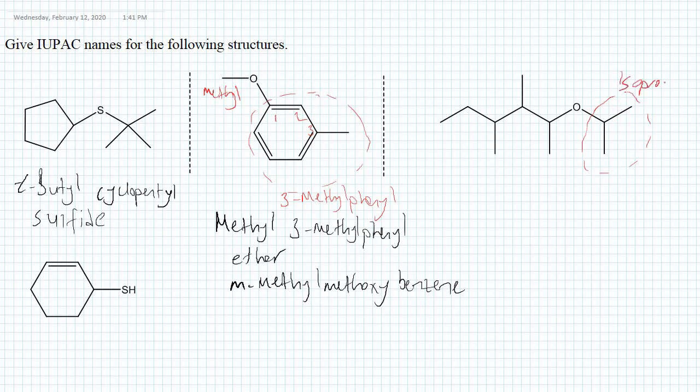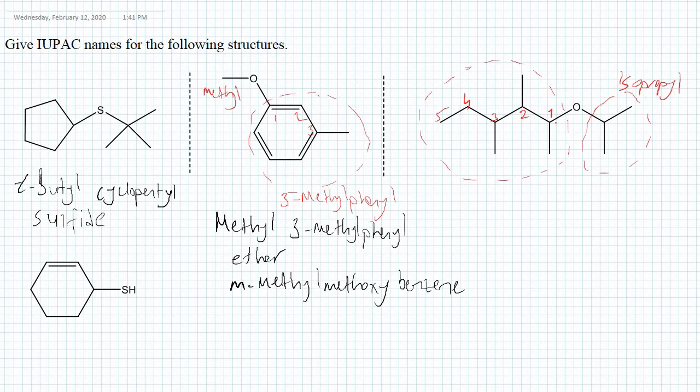Let's write isopropyl. This part is another alkyl group. So let's start numbering from the first carbon. 1, we have to find the longest chain. So 2, 3, 4, 5. Basically this is an alkyl group with 5 carbon atoms, so it's pentyl.